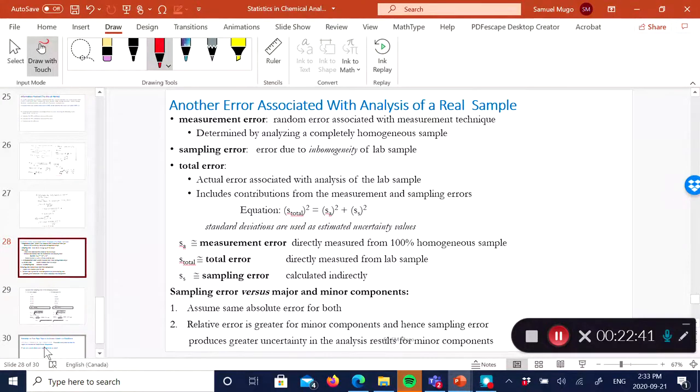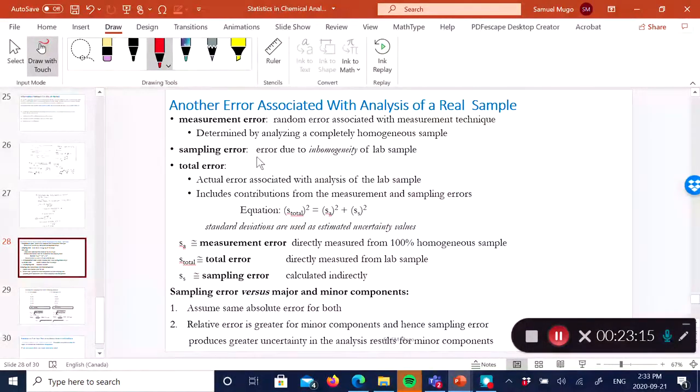Now, lastly, we've talked about different types of errors. But I'd like to remind you that another type of error that is very common when you're doing real sample analysis is what you call the sampling error. Now, remember when we were talking about the analytical process, we said one requirement of the analytical process is to make sure that the sampling is representative.